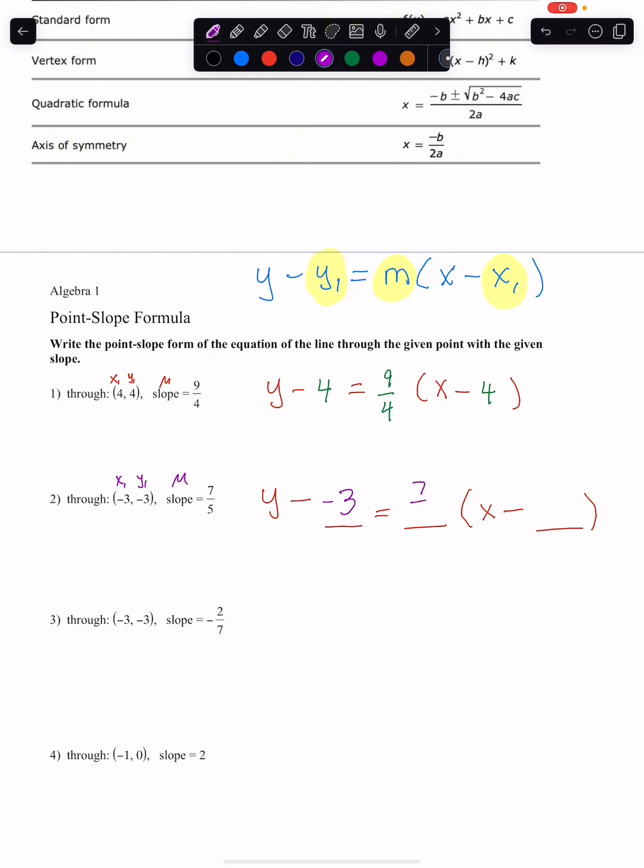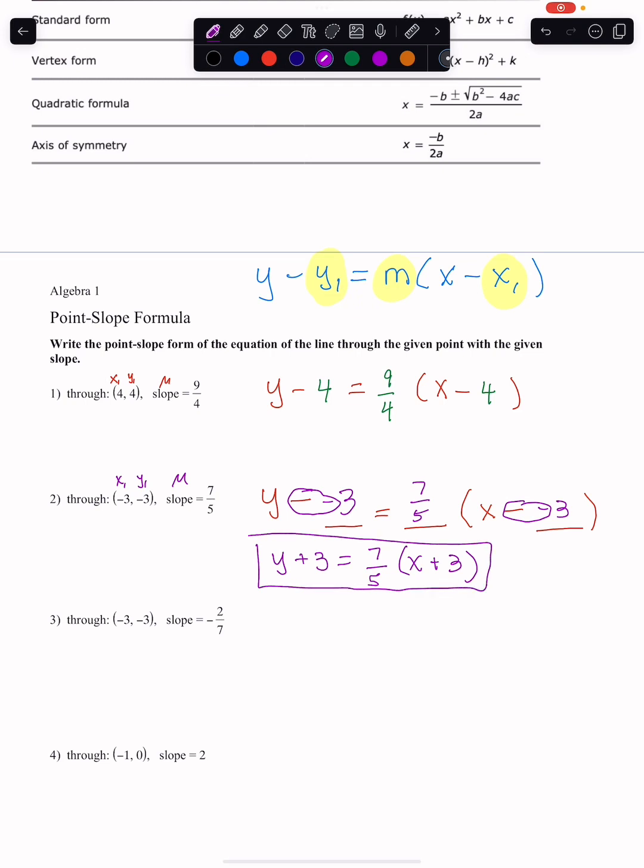You should say 7/5. And what is my x1? You should say -3. But I can't turn this in like that because double signs drive me nuts. So that double sign is going to change that to y plus 3 equals 7/5 x. And here's another double sign, plus 3. This is the answer I'll be looking for when you turn in an assignment like this. Okay?